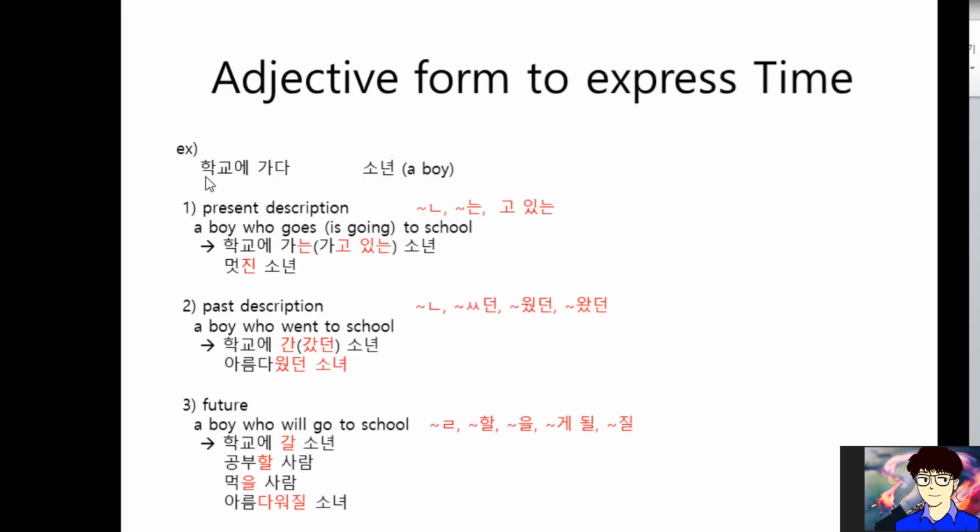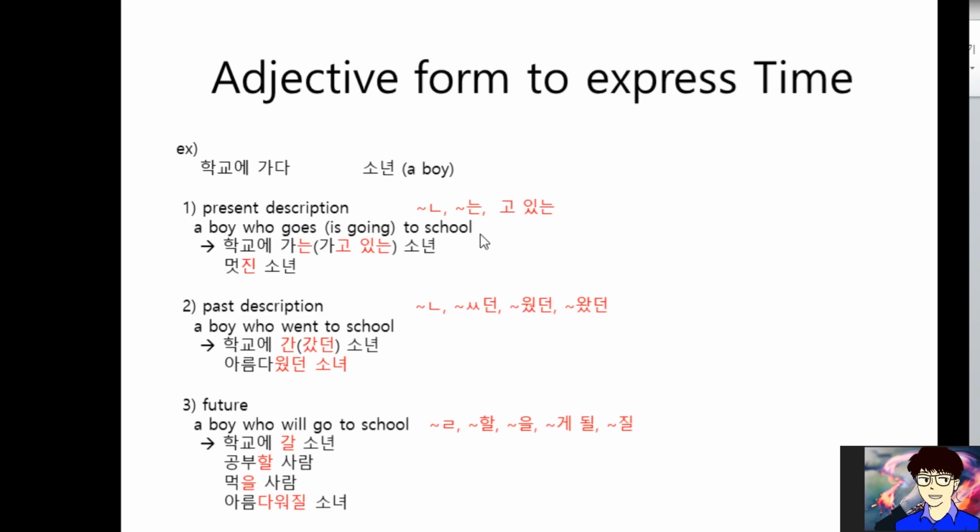So, go to school is 학교에 가다, right? And 소년 is a boy. If you want to express present description, you have to put 니은 or 는. But if you want to express present progressive description, in that case, you have to put 고 있는. Okay? For example, when you want to say a boy who goes to school, present description, right?